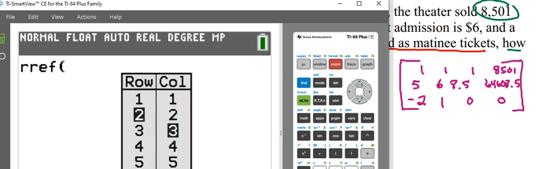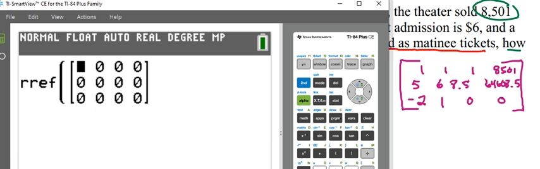If it doesn't take you to this, then go back to the last video and you will see how to do it using your calculator. I've got to turn it into a 3 by 4 matrix because I have 3 rows and 4 columns. So there it is.